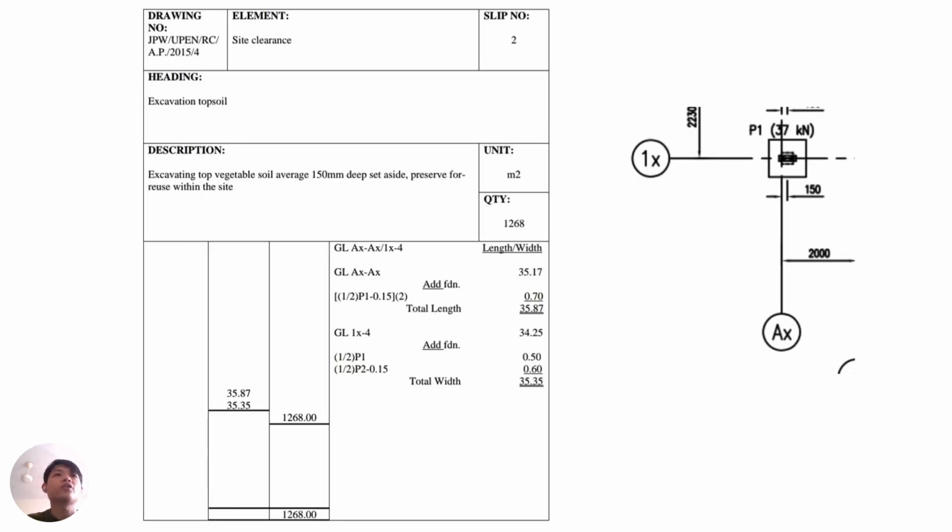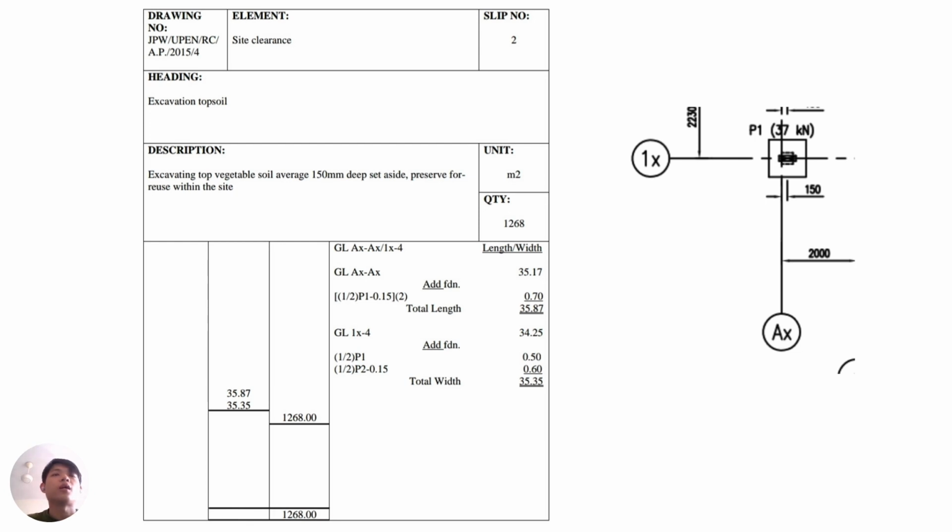Then for the excavation of topsoil average 150 millimeters depth, it actually is the same as the clearing undergrowth, but we need to add the foundations because in the figure on the right side you can see that there is a space without any dimension of the length and the width. So we need to add the foundation.